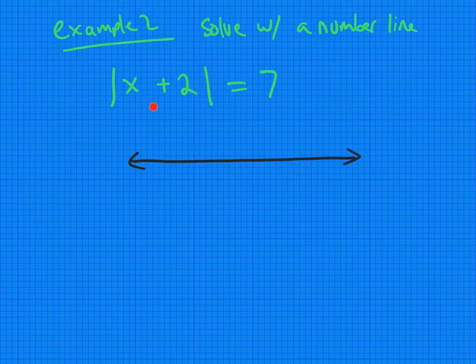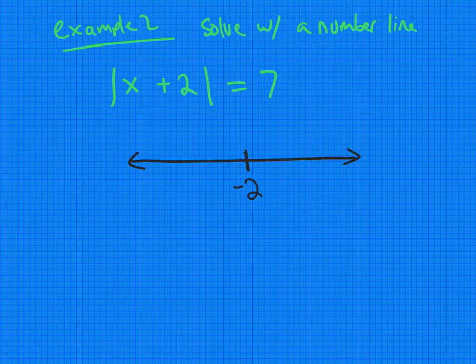In this case, it says x plus 2, so my center is going to be at negative 2, because the plus 2 is the opposite of where the center is. The reason it's negative 2 is because that's the number that would put this at 0. So we're trying to get it back to the center of 0. If I pick negative 2, negative 2 plus 2 equals 0. So my center in this problem is negative 2, and my distance is 7.